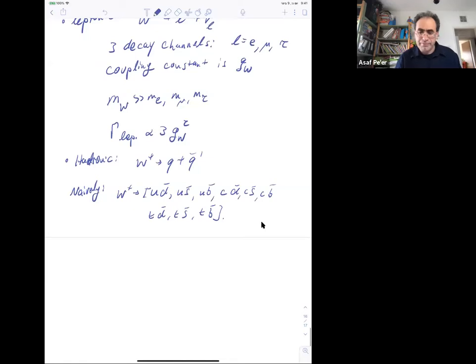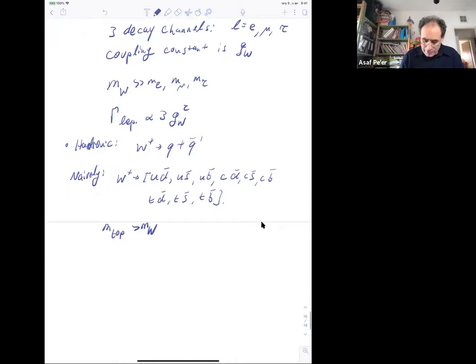Okay, but this is the naive picture. Now again, we look at the masses and we realize that the mass of the top quark is greater than the mass of the W. So the W cannot decay into anything that contains a top quark. And for all the other quarks, the mass of the W is much greater than the mass of the quark Q, if Q is different than top. So again, I can neglect the phase space.